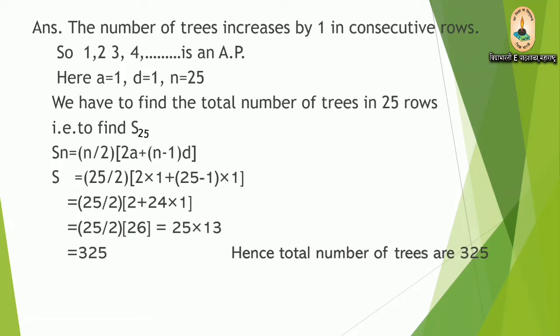Dividing by 2, we get 25 into 13. Product is 325. Thus, S25 is equal to 325. Hence, there are 325 trees in 25 rows.